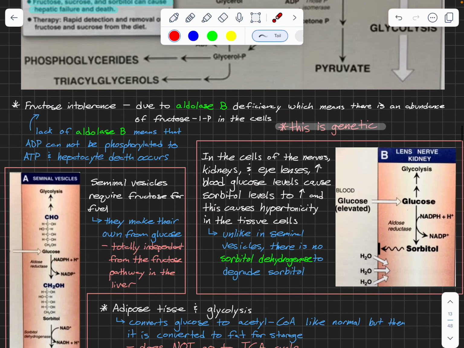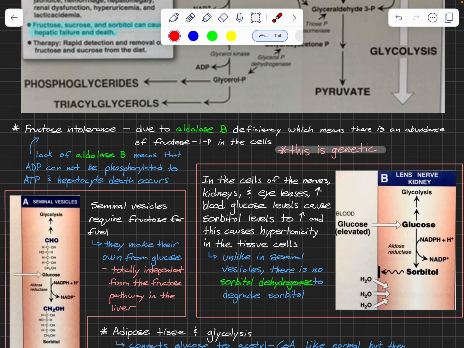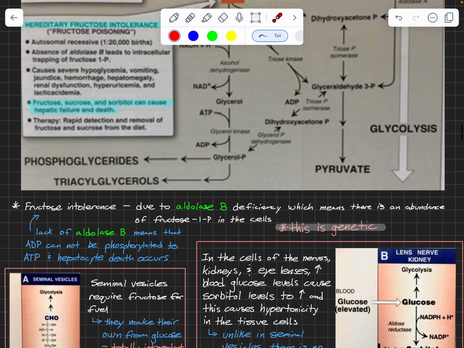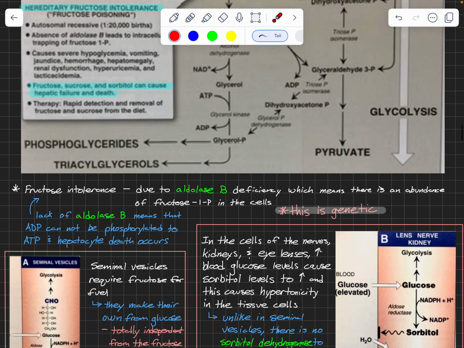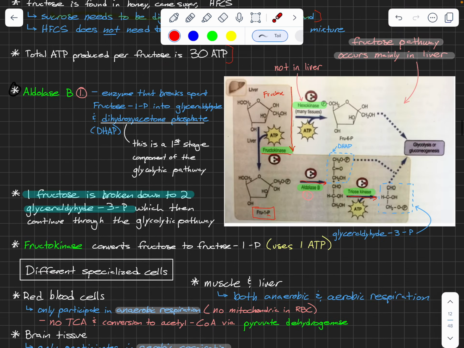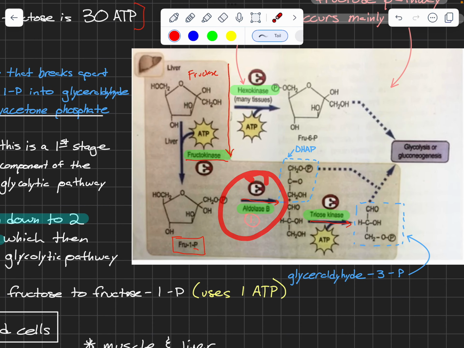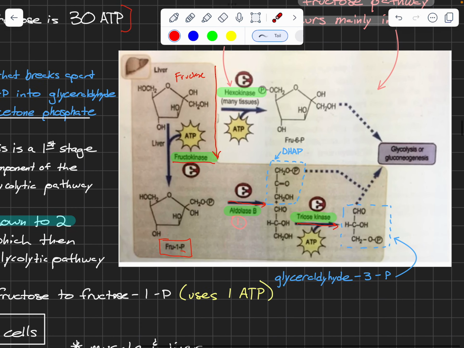Fructose intolerance is due to an aldolase B deficiency, which means there is an abundance of fructose 1P in the cells. This is genetic, and furthermore, hepatocyte death occurs from an overaccumulation of F1P in the cells because we cannot phosphorylate this free-floating phosphate on F1P downstream because this enzyme right here is not working. So this phosphate is just going to be stuck here on fructose 1P.